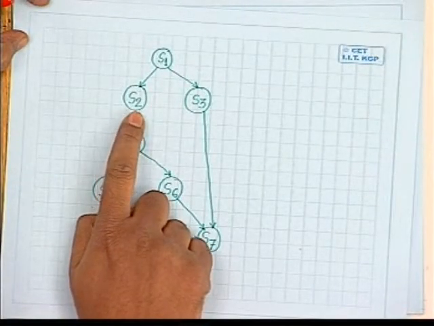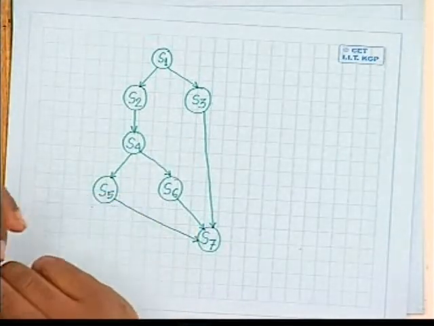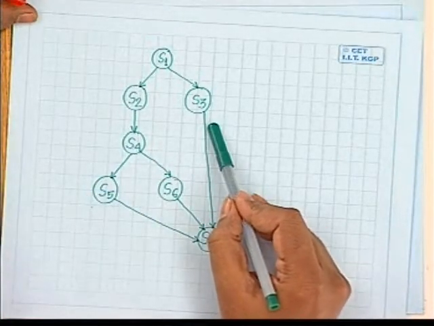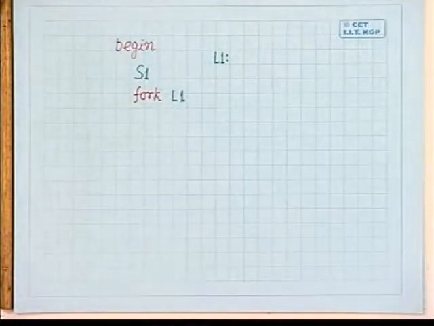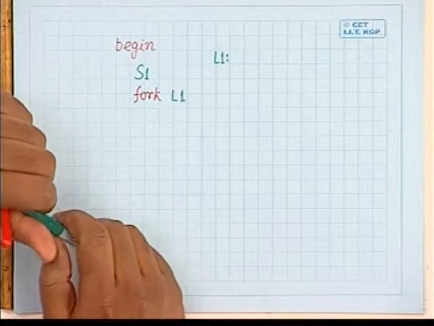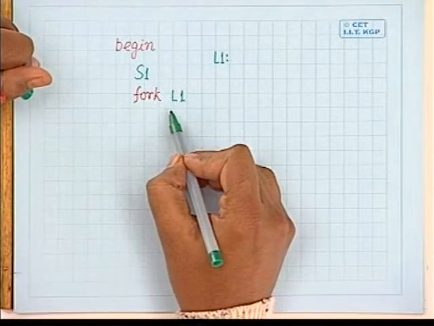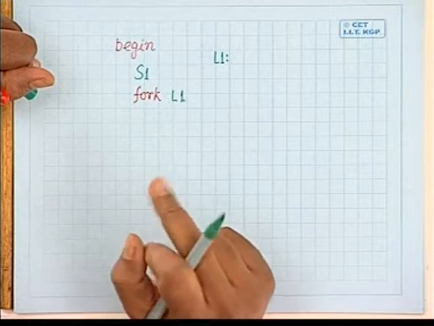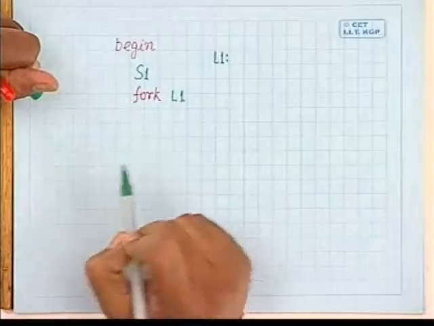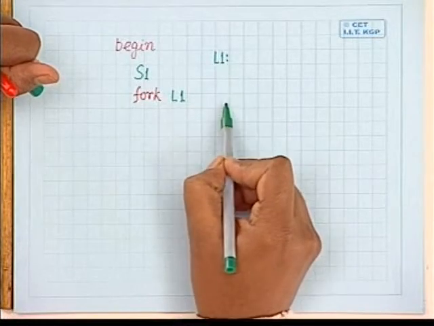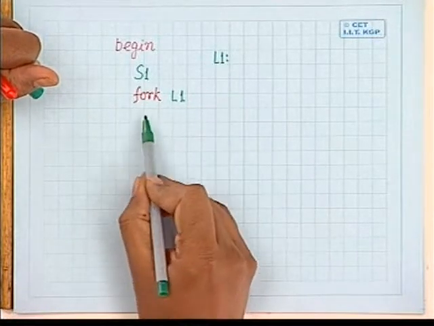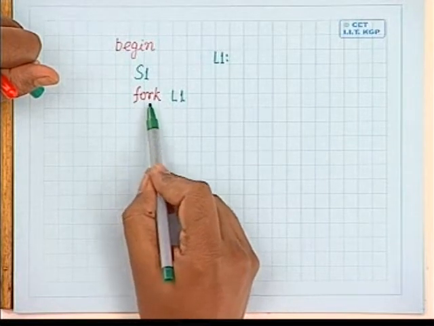After execution of S1, I have given a fork statement which creates an additional process. So now I have two processes: one is the parent process, and the other is the child process that has been created. One of these two, either the parent or child, will continue with the statement at label L1, and the other one will continue execution with the statement following this fork statement.